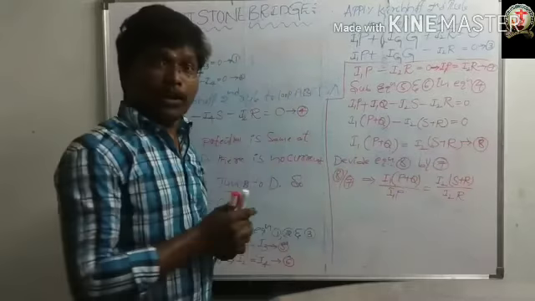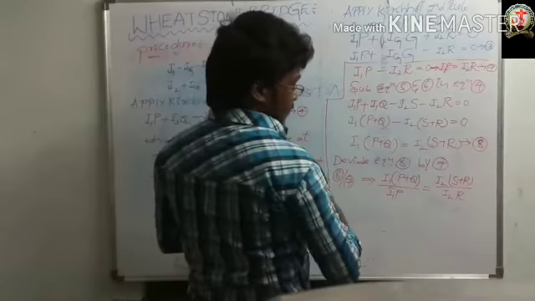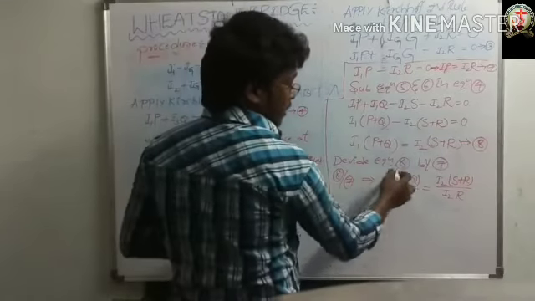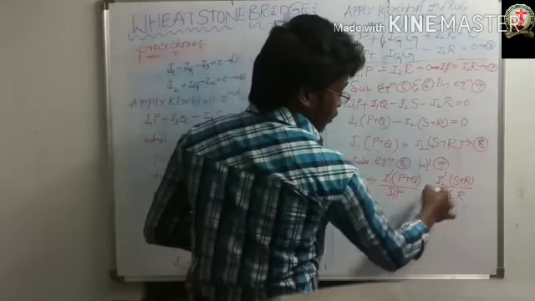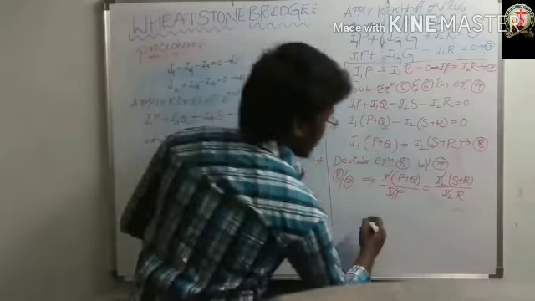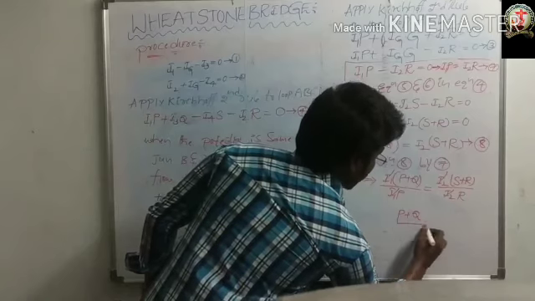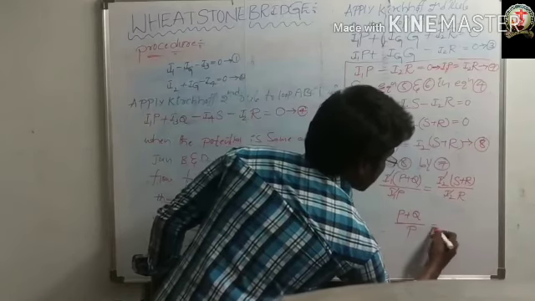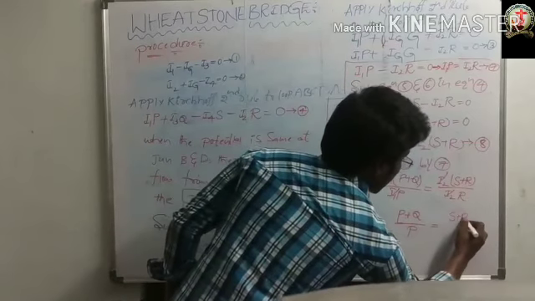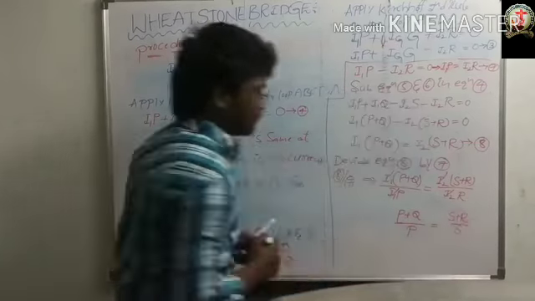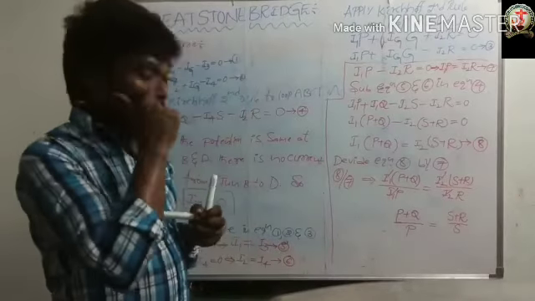Okay, now next one, make the cancellations. What terms are cancelling here? I1, I1, I2, I2. What is remaining here? P plus Q by P is equal to S plus R by S. Now make the cancellations.